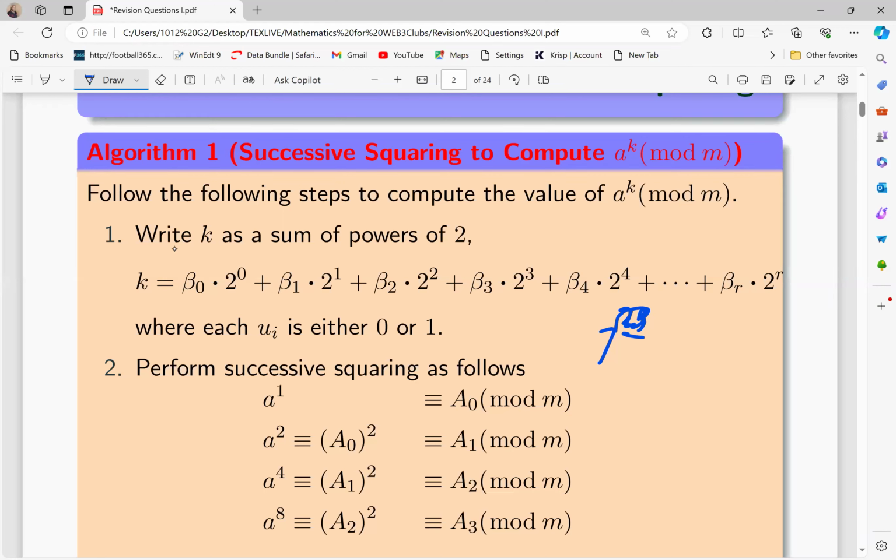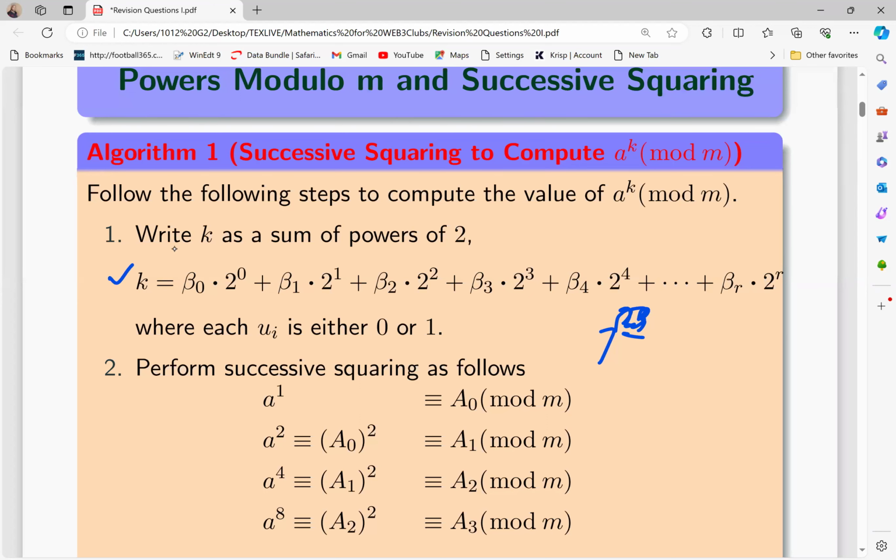I want to reduce this number mod M. So the first thing I do, I write this number in binary form. So this is what I did.